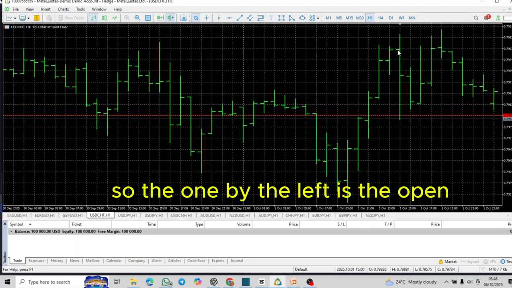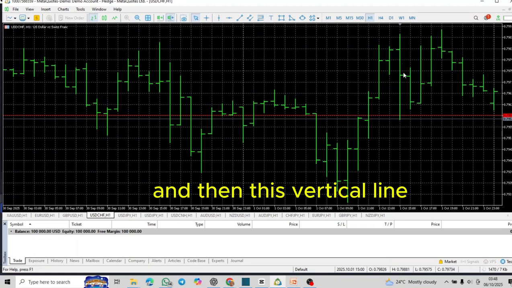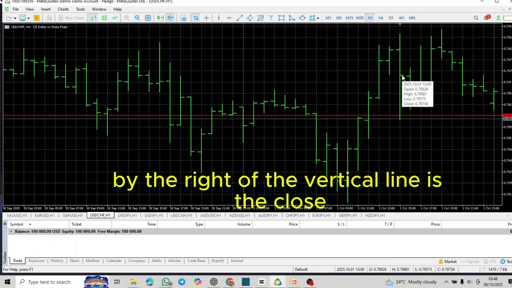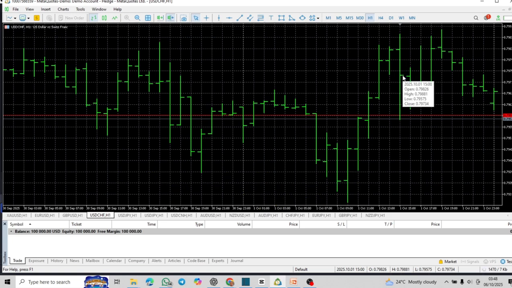The one by the left is the open, and the one by the right of the vertical line is the close, the closing price.